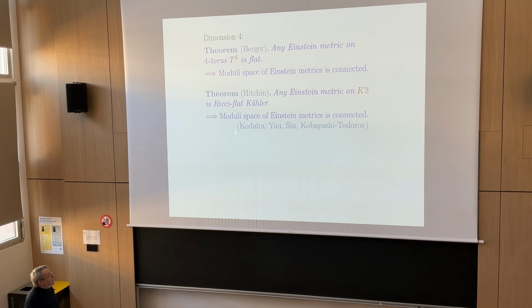It's related to work of Kodaira, and also I could mention Andreotti, that it's about the complex structures on the standard K3, together with later work of Yau on the solution of the Calabi conjecture, then work of Kobayashi, then Siu, and then some work of Kobayashi and Todorov.